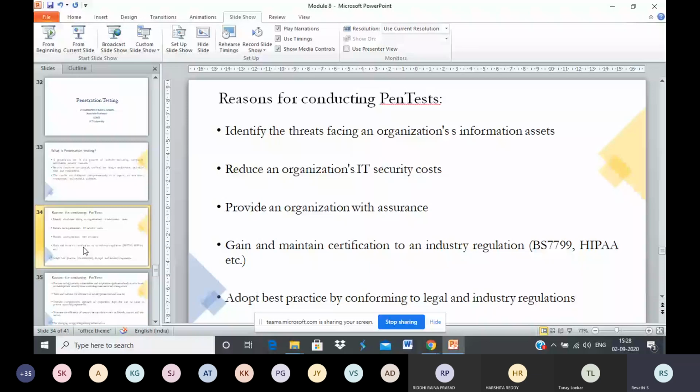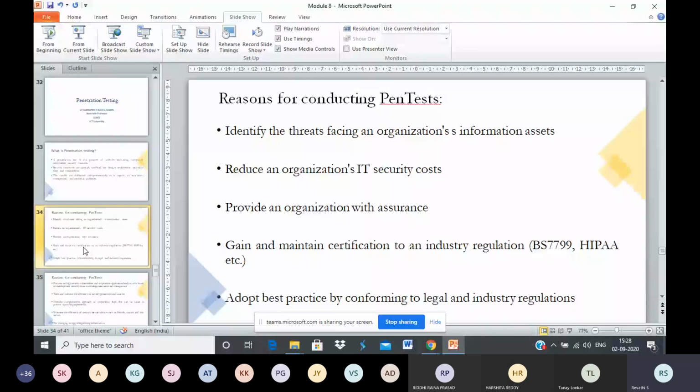The organization has put some investment into running the organization, and they have assured that there will be security of the information. If that information is not secured, the organization's stock value or name will be negatively impacted, and they will lose all the customers.